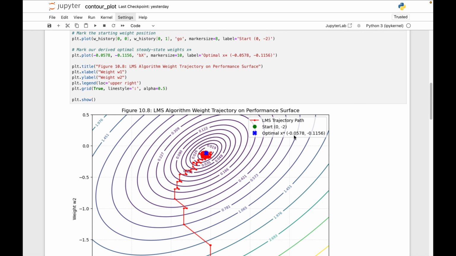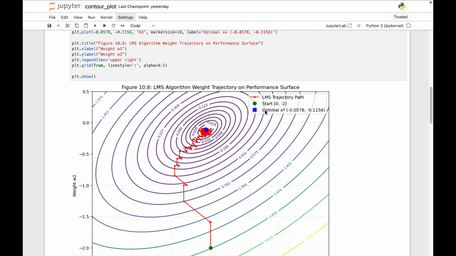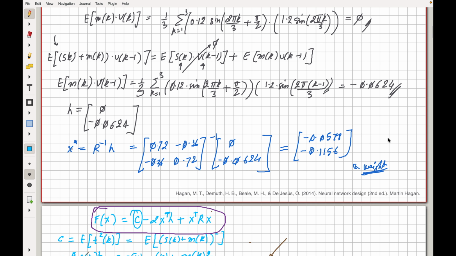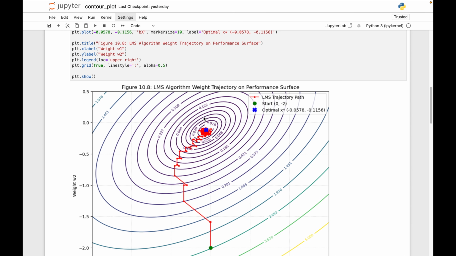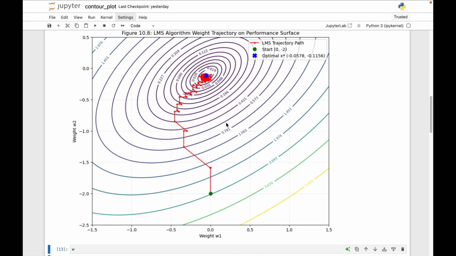And here the optimal that we get, if you see on the top corner in the legend, we do have the x star, which is minus 0.0578 and minus 1, and that's what we got here. So that is the optimal value that we find by calculation.